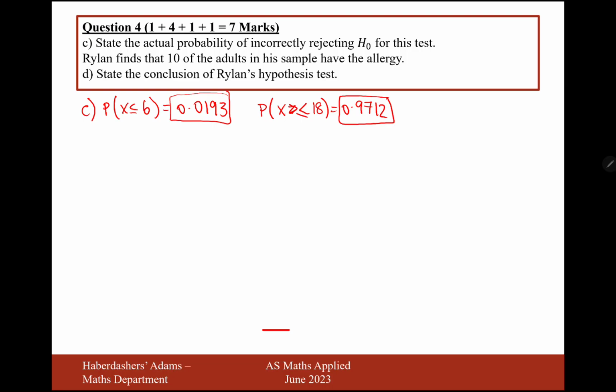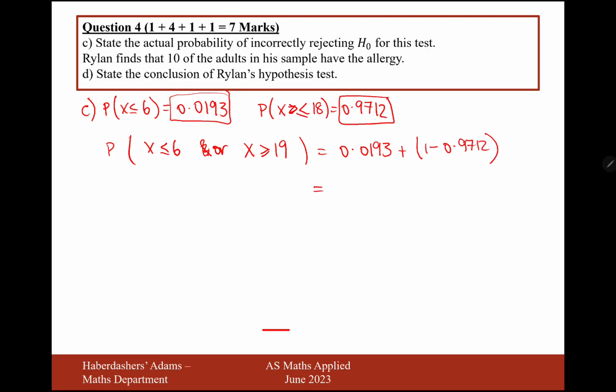And if a person was in this region, i.e. X less than or equal to 6, or, I think it's an or, greater than or equal to 19, then the probability of this is 0.0193, add the very small probability, so we need to do 1 minus 0.9712.